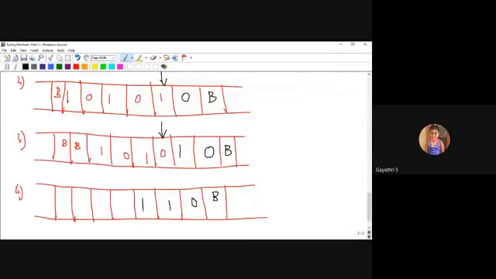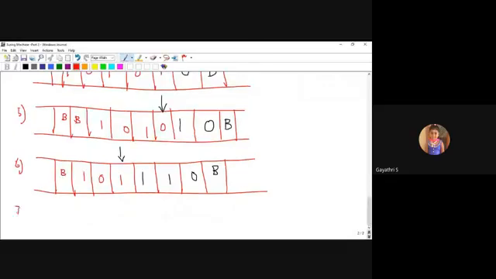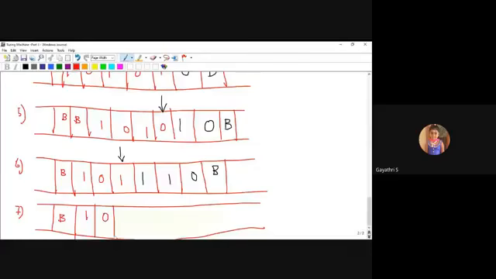The head points to this 1, and the remaining part is filled with blank symbol. In the next step, that 1 is replaced by 0, and the head points to this 0.